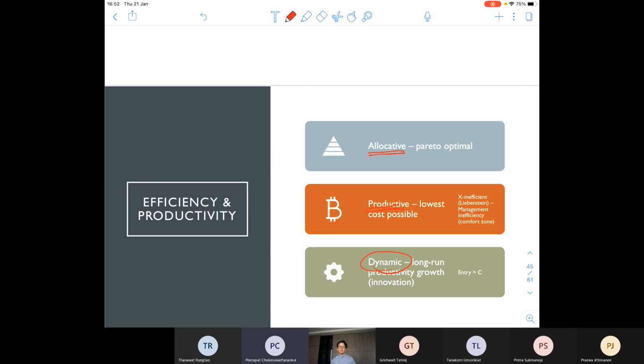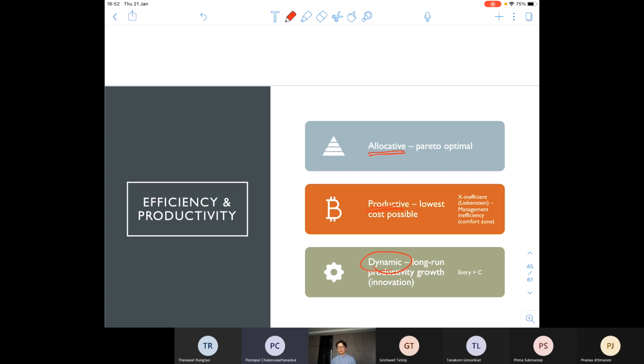Because if you let these smaller firms leave the market, then the larger firm would not have an incentive to develop in the future, even though it is more efficient now, because they have scale and such.